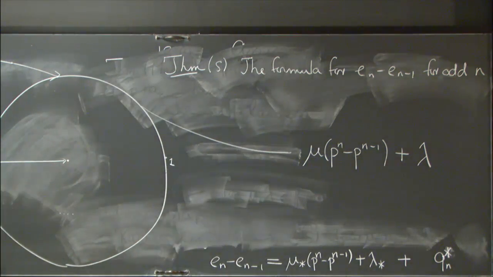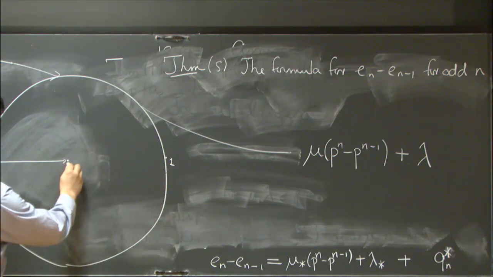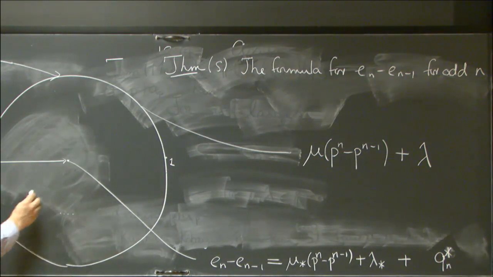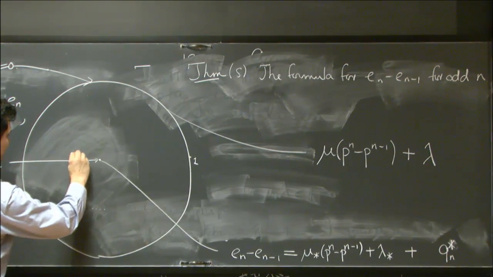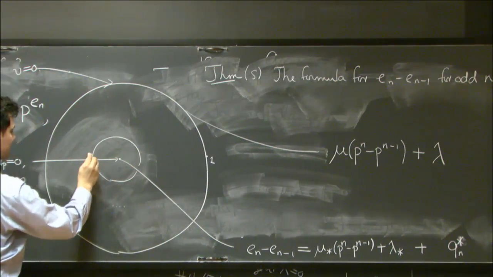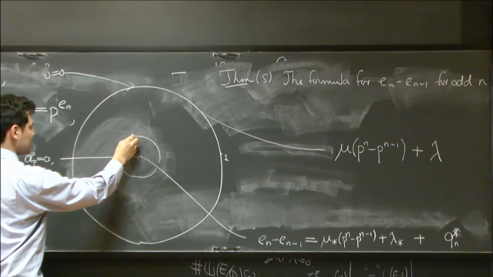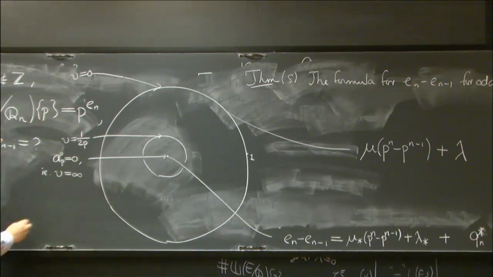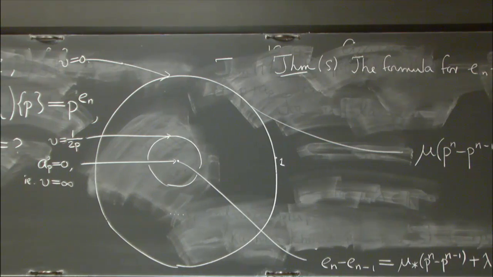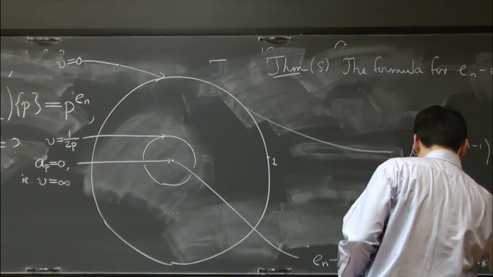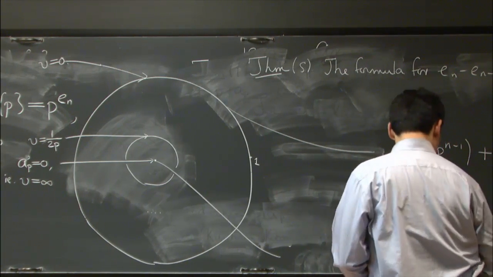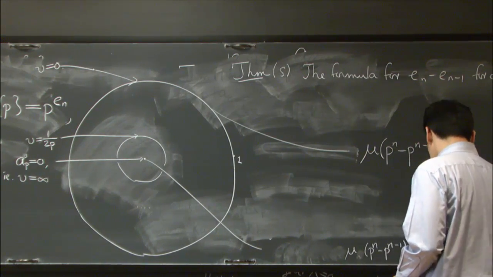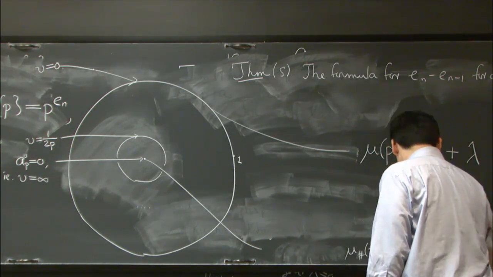When you're at A_P equal to 0, so at v equal to infinity, it's this formula here. And it turns out that this formula remains true if you're in a small region around the point A_P equal to 0. So as long as v is bigger than 1 over 2P, this formula holds. For odd n, we choose the sharp invariant, not the flat invariant.